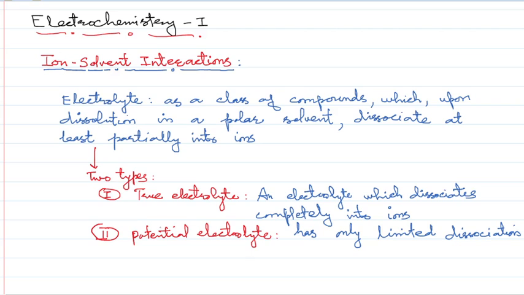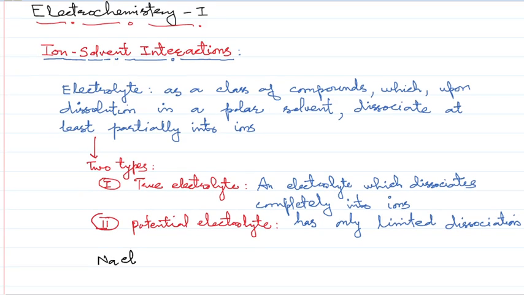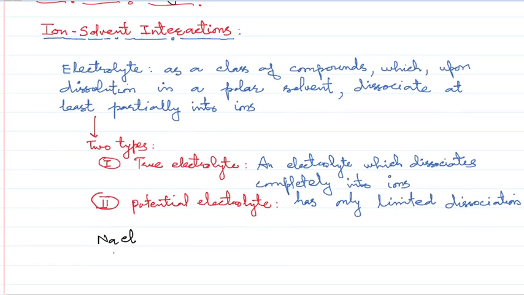Based on these definitions, for example, if we take simple examples like NaCl, sodium chloride, this will be simply a true electrolyte. And if we take the example of acetic acid here, this will be simply a potential electrolyte.